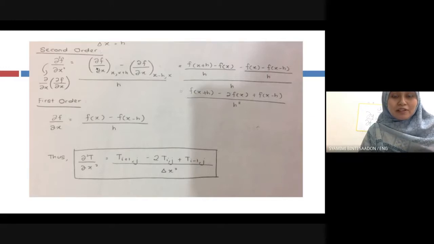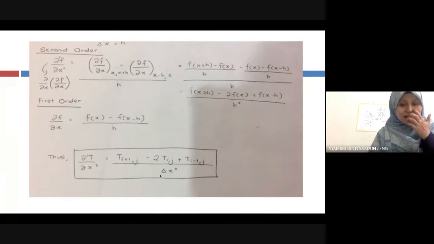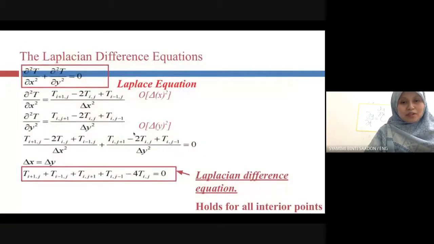So if you use this definition of the derivative, we have this. Second order, that's why we have h square, or in this Laplace equation, delta x square. This is like a step size. This is just to explain how we get from here to here.